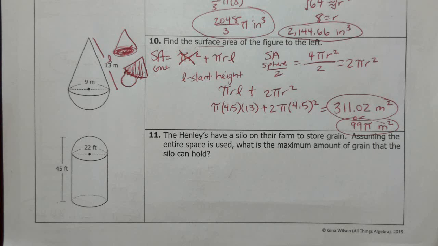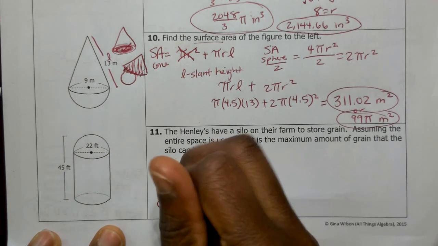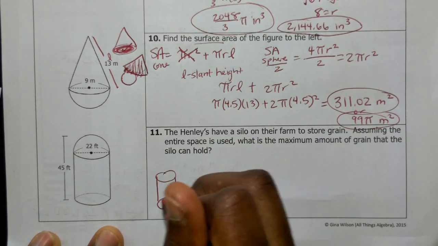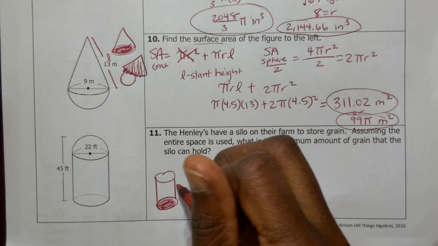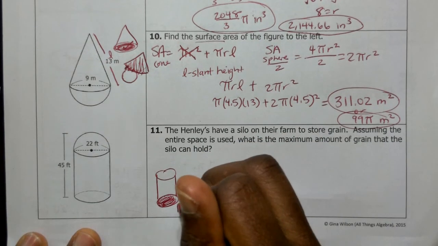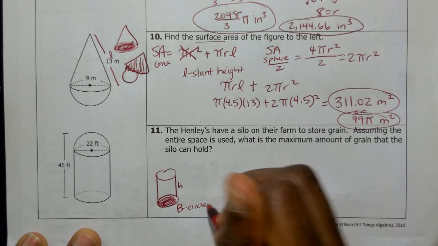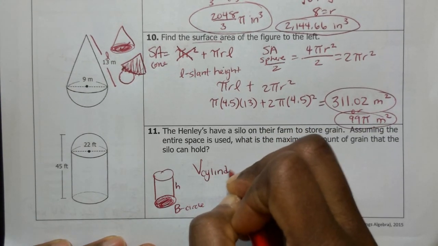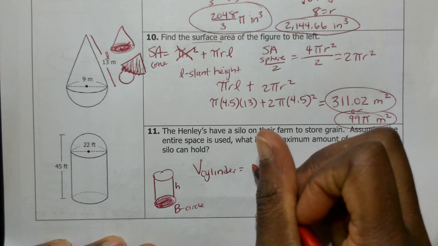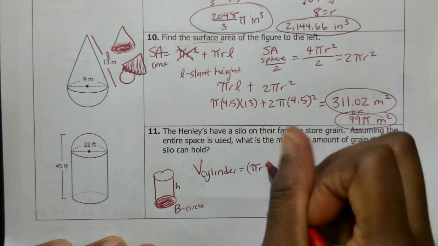On this handout we haven't done any volume of a cylinder, so let me just remind you that the volume of a cylinder is equal to the area of the base of the cylinder, which is the circle, times how high the cylinder is. So the capital B here is a circle. So you do the area of the base of the circle, so the pi r squared is the area of the circle.